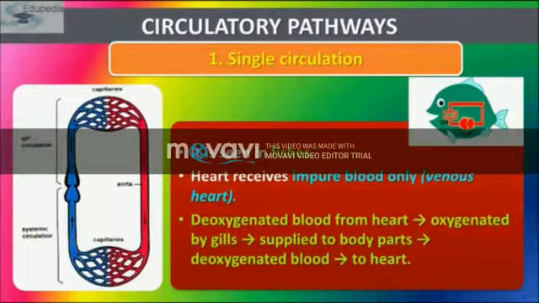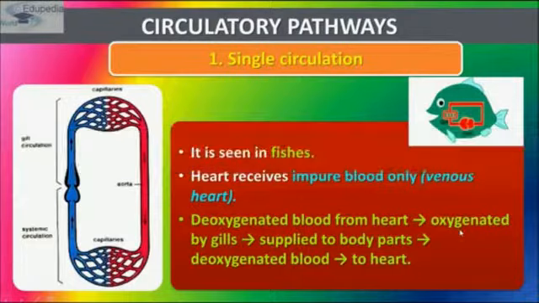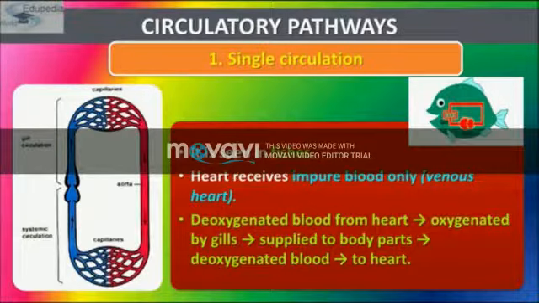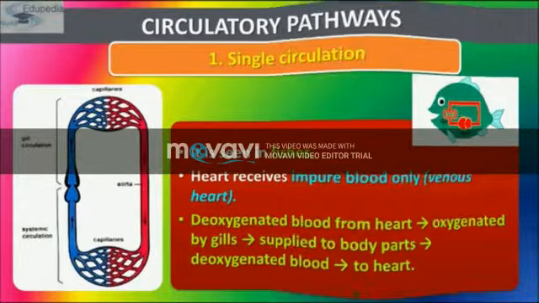This is known as single circulation. The pathway is: deoxygenated blood from the heart is oxygenated by the gills, and it is then supplied to the rest of the body parts, and deoxygenated blood is then pumped to the heart. This is the distinguishing feature of fishes.